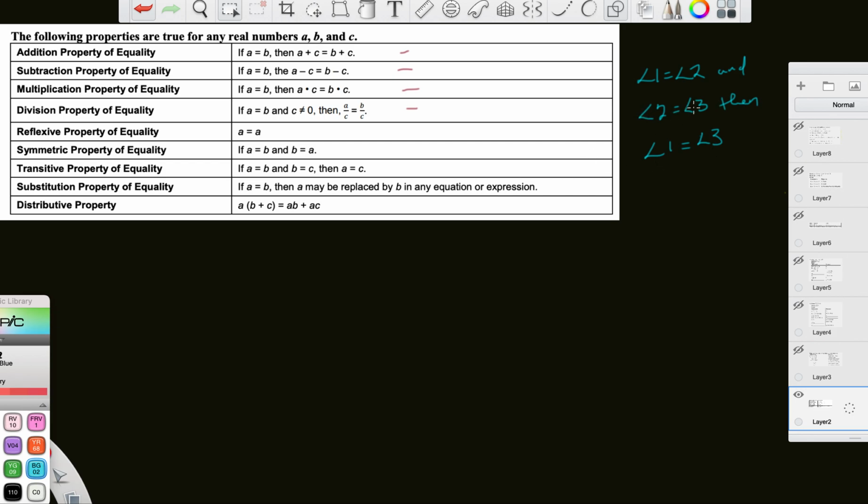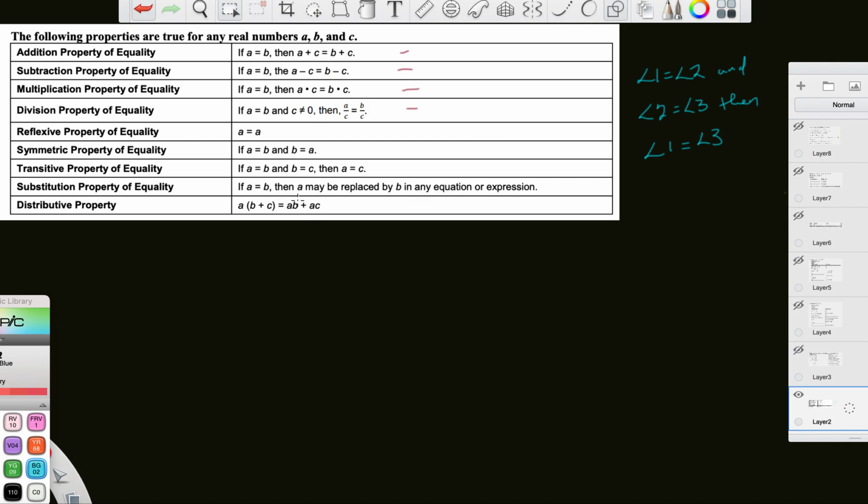And instead of writing a paragraph about it, for this part of our exercise, we're just going to write what that property is. We're going to solve equations algebraically. We're going to show what the property is.